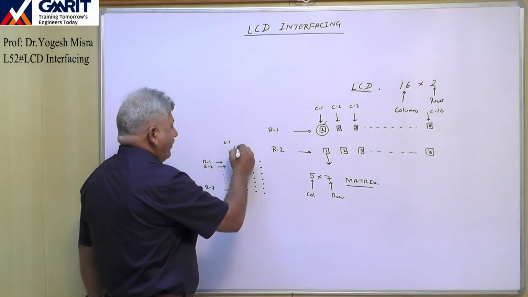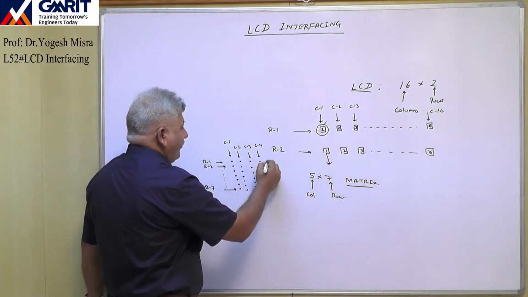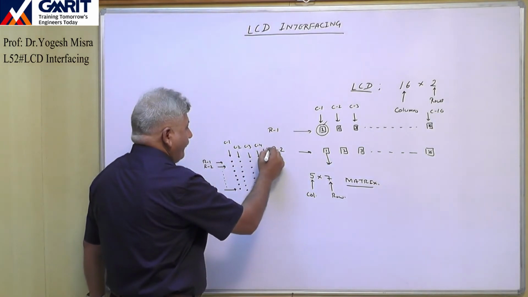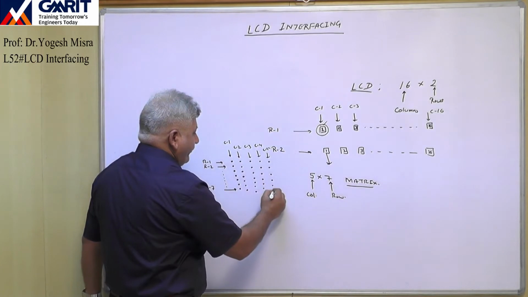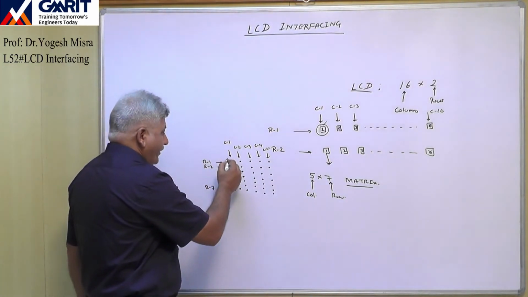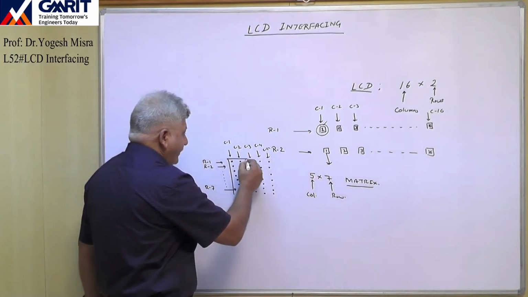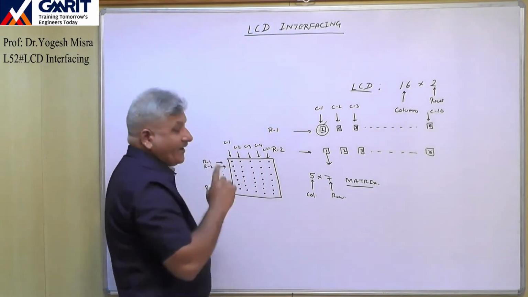So column 2, column 3, column 4 and column 5 is this. So this type of matrix is there to display each character.